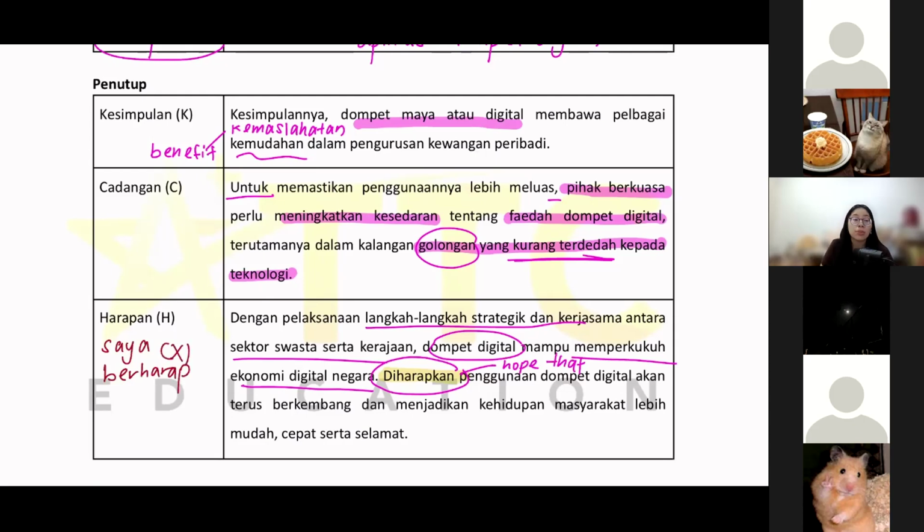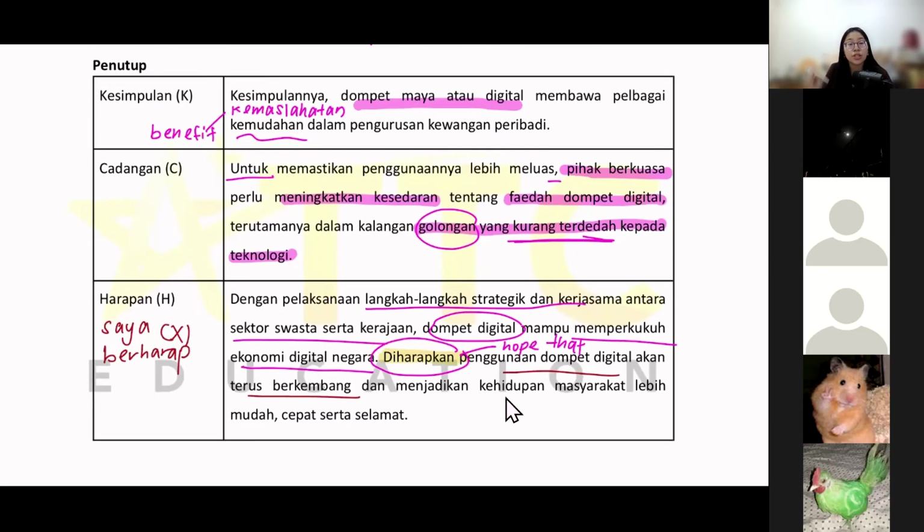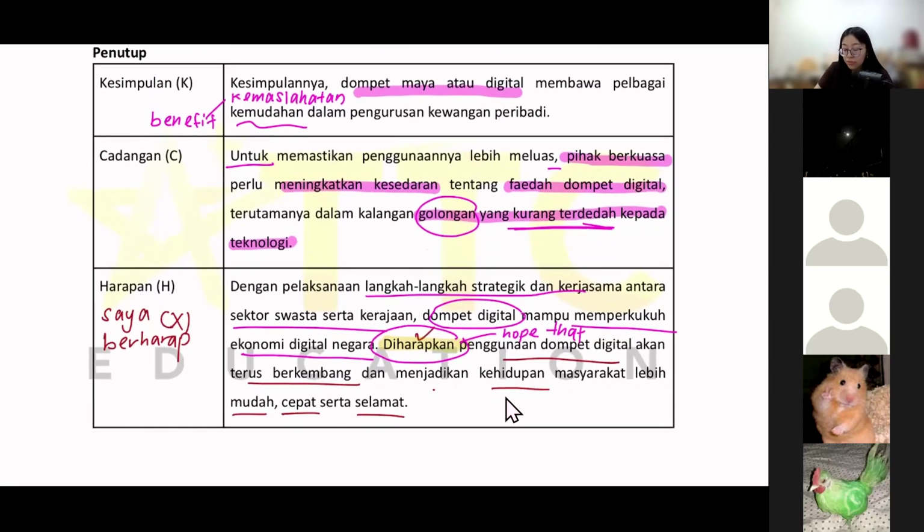So you don't write saya berharap, just use diharapkan. Hope that. Okay, diharapkan penggunaan dompet digital akan terus berkembang, will continue to expand dan menjadikan hidup kita lebih mudah, pantas dan selamat, more convenient, fast and safe. You are allowed to start with diharapkan because diharapkan means hope that.